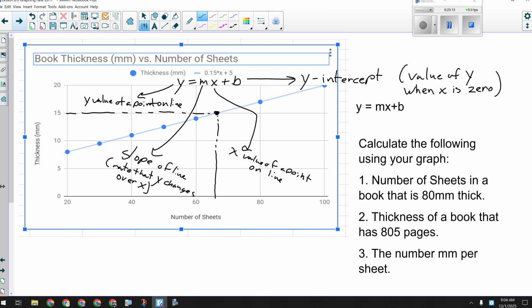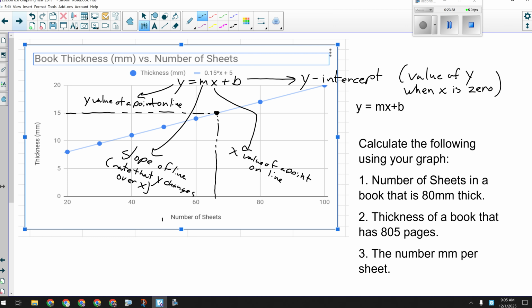On this graph, if I'm looking at m, the slope of the line, it's telling me how many millimeters per sheet. Every time I put in one more sheet, the book is going to get 0.15 millimeters thicker. That's what the slope is telling me.